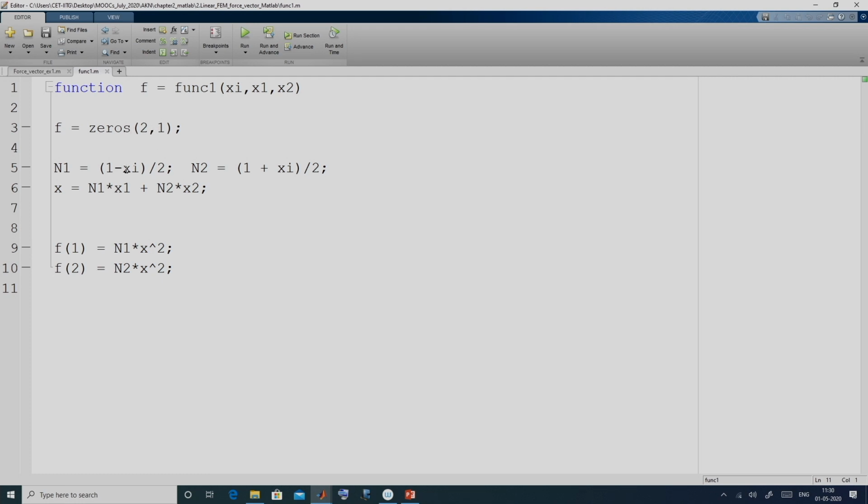Here N1 is this and N2 is this for our linear FEM. This is xe, that is the x coordinate at the Gauss point, N1 x1 plus N2 x2. x1 and x2 are nodal coordinates.